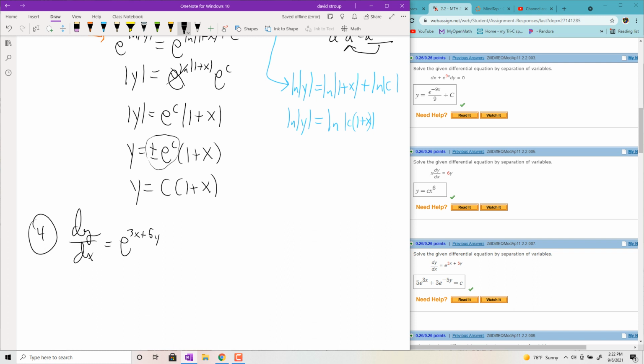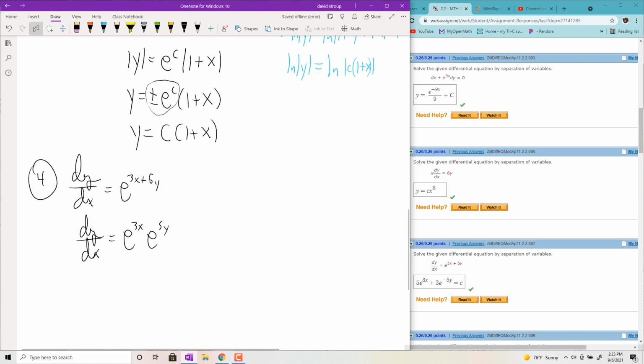We could rewrite this as dy over dx equals e to the 3x times e to the 5y. Then I can move all the x stuff to one side, all the y stuff to the other. So I get e to the negative 5y dy, and over here e to the 3x dx. And then you can integrate both sides.